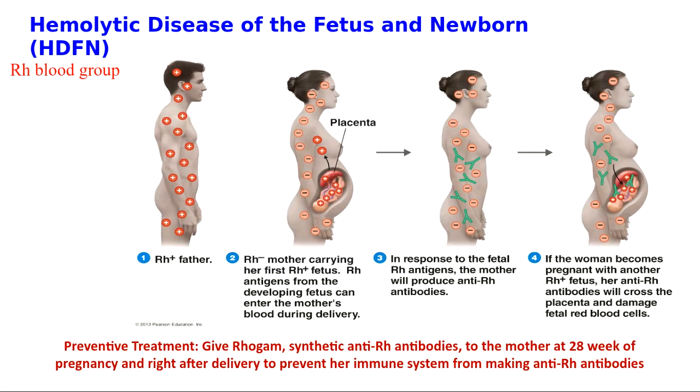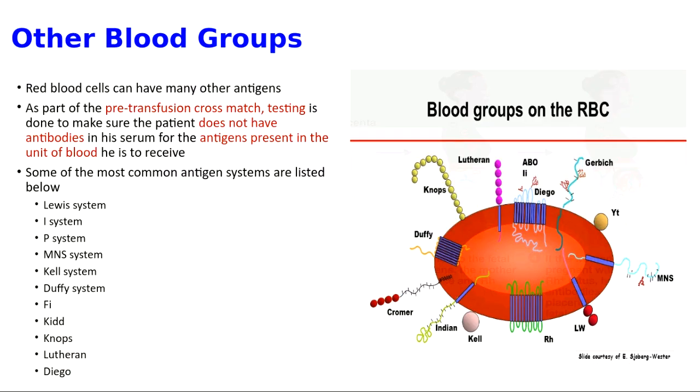And then the last slide I was telling you about, this is just to give you an idea of the different families of the different antigen systems that can be present on the red blood cells. That's why we do the antibody screen. We're screening for the presence of those antibodies in the patient's serum because the antigens might be present in the donor's cells.